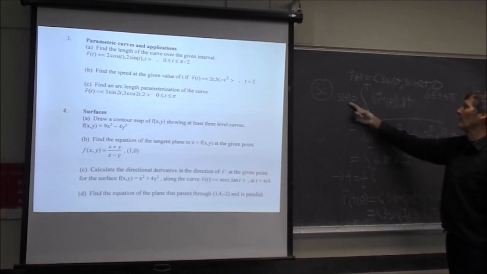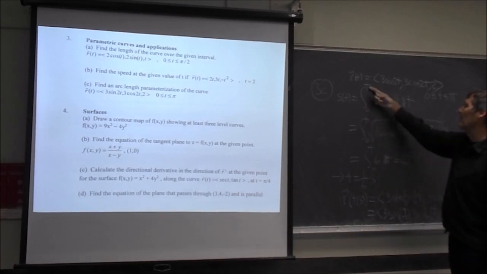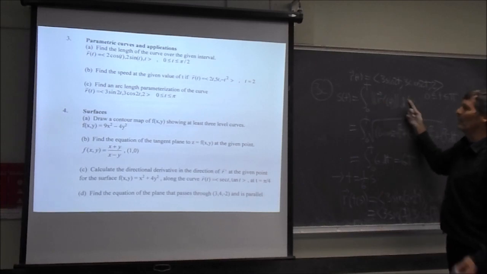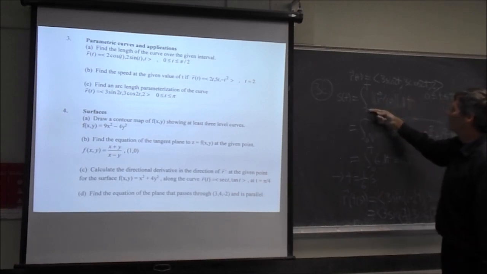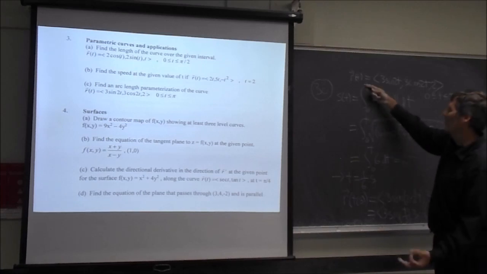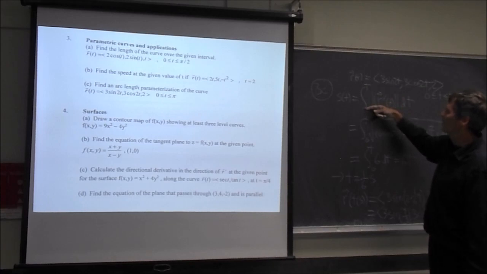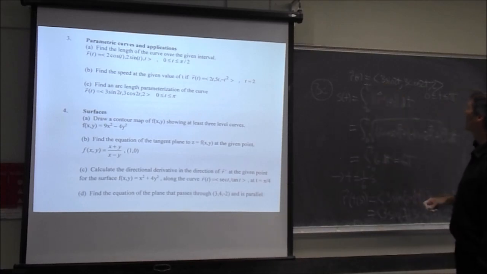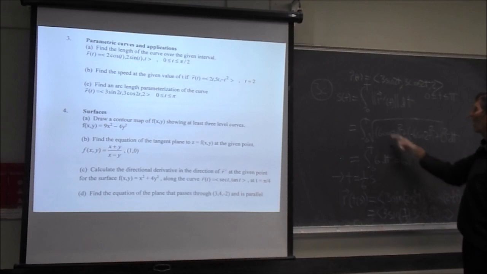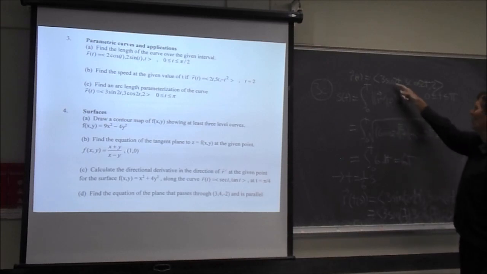Well, we compute the arc length, remember, by integrating from a to b, the length of r prime of t dt. If we start the curve at 0, then we'll say the arc length from 0 to any value of parameter t is just the integral from 0 to t. Here's the arc length from the 0 position to the t position along the circle. Now, the length of r prime is the root sum squared of the derivatives.